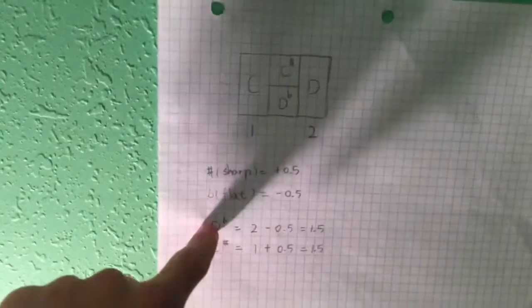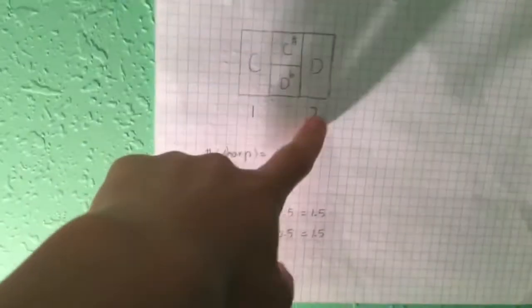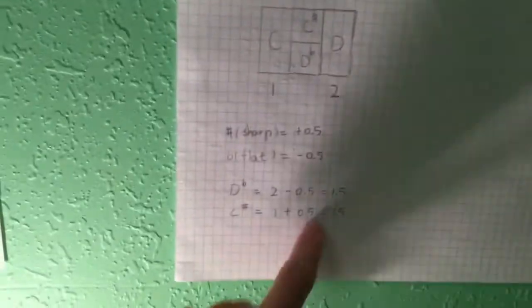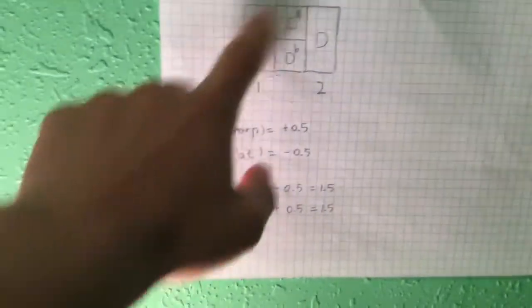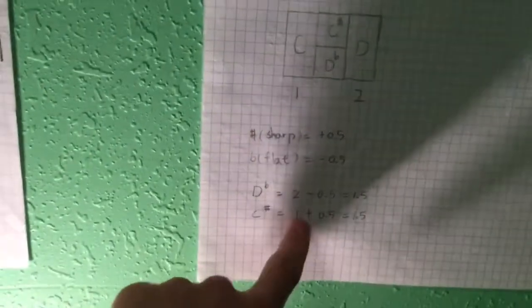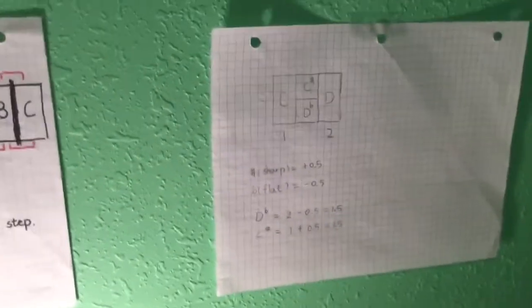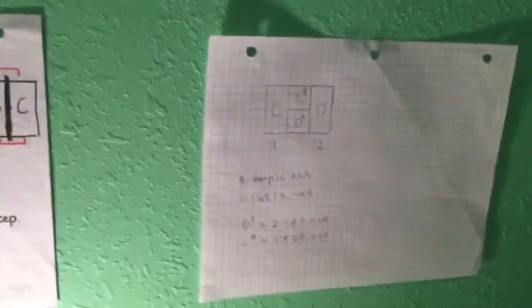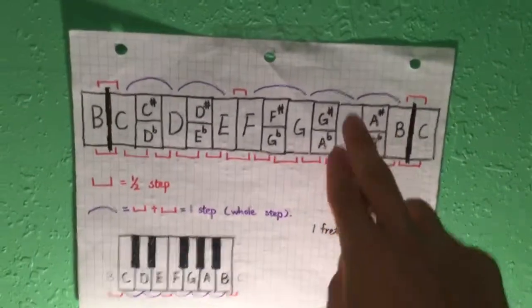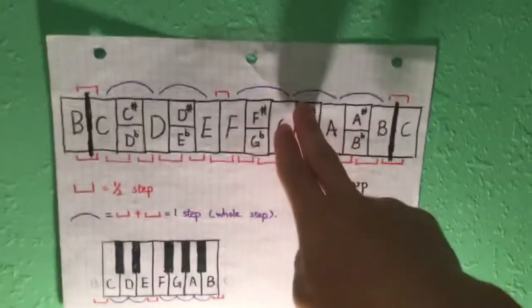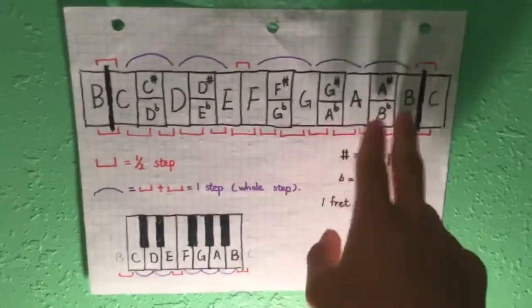So D flat is 2 minus 0.5, which is 1.5, and C sharp is 1 plus 0.5, which is 1.5 also. So 1.5 equals 1.5, and this tells us that C sharp and D flat are the same thing. Cool? And this applies to A sharp and B flat, and G sharp and A flat, too.